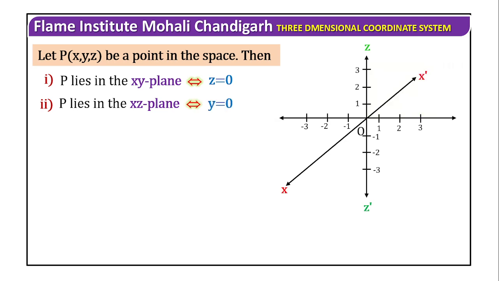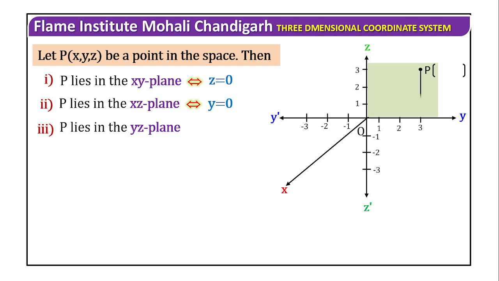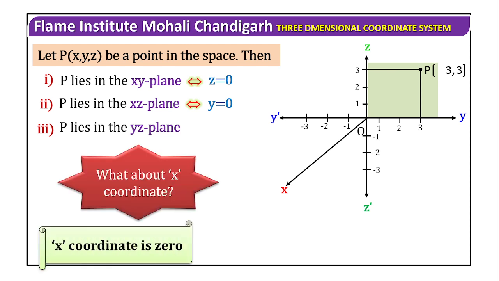The next is if P lies in the yz plane, the shaded area, and the values of y is 3 and z is also 3. Now what about the x coordinate? The x coordinate is also 0.